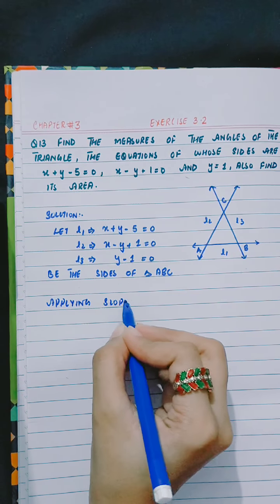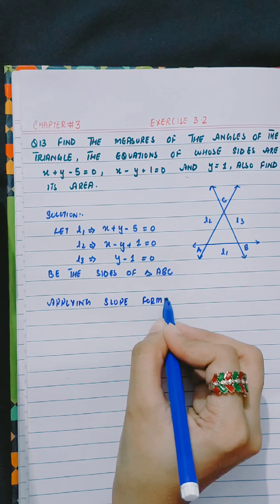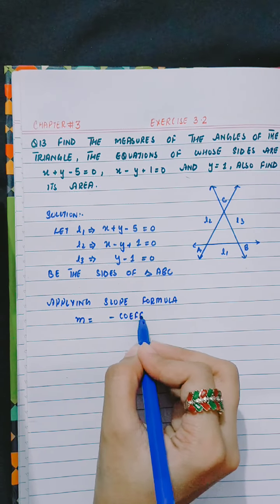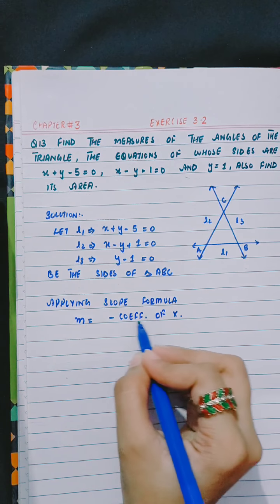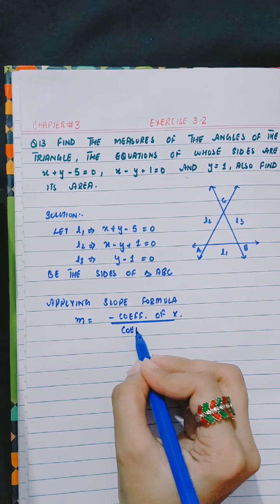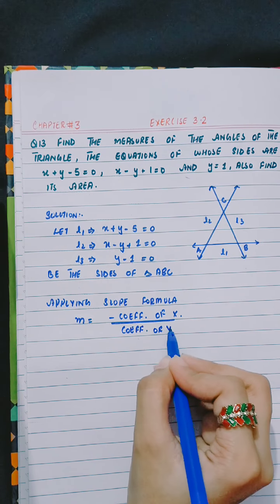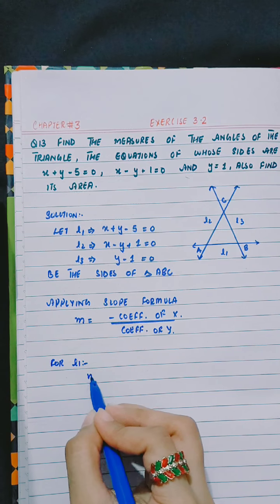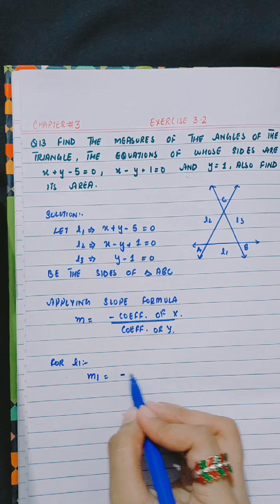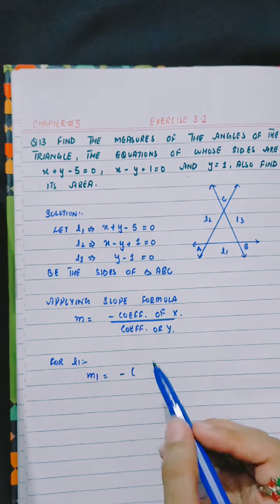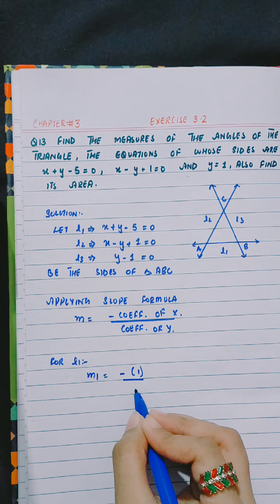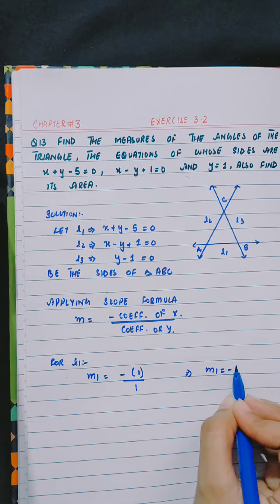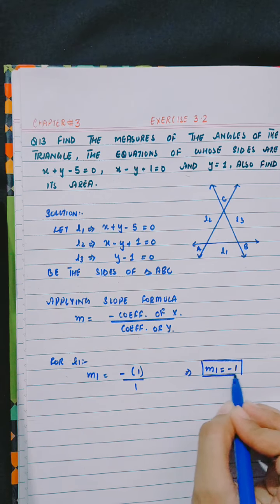Applying slope formula, m is equals to minus coefficient of x divided by coefficient of y. For L1, m1 is equals to minus coefficient of x is 1 and coefficient of y is 1. m1 is equals to minus 1.